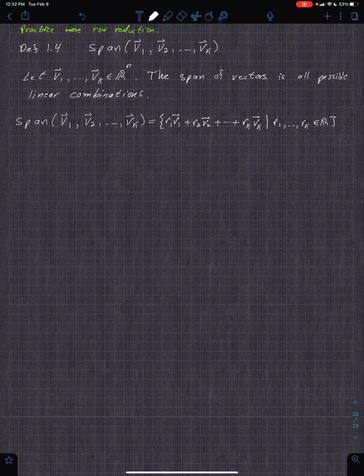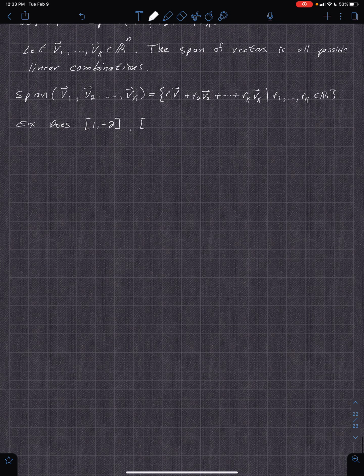So here's a simple example we'll do first. We'll have more later, but a lot of this you've got to start looking at in homework and reading more of the book. It's a lot here. Does (1, -2) and (-3, 6) span all of R2?